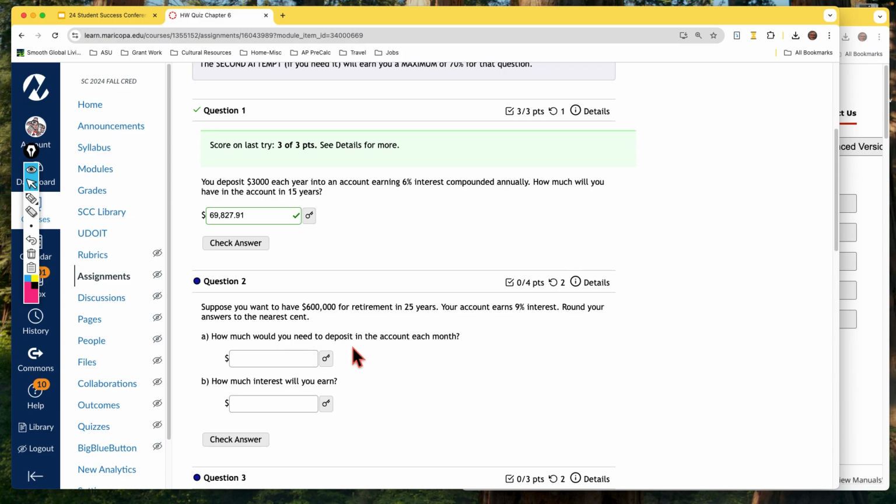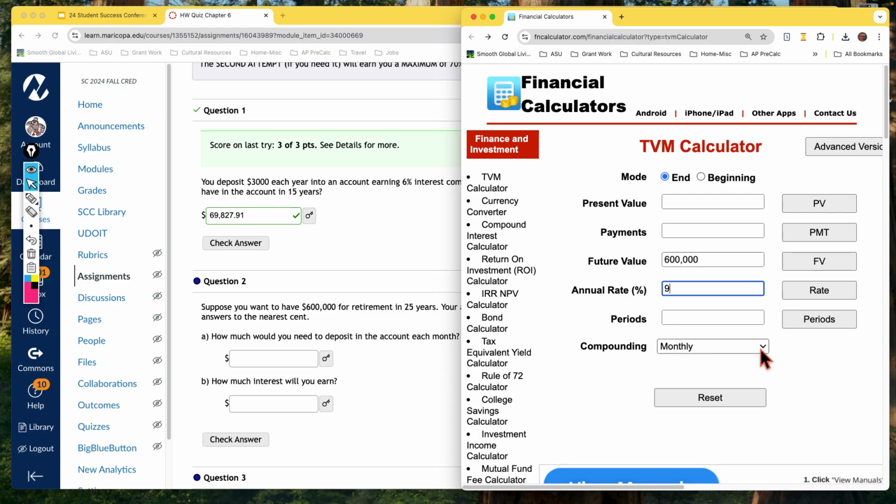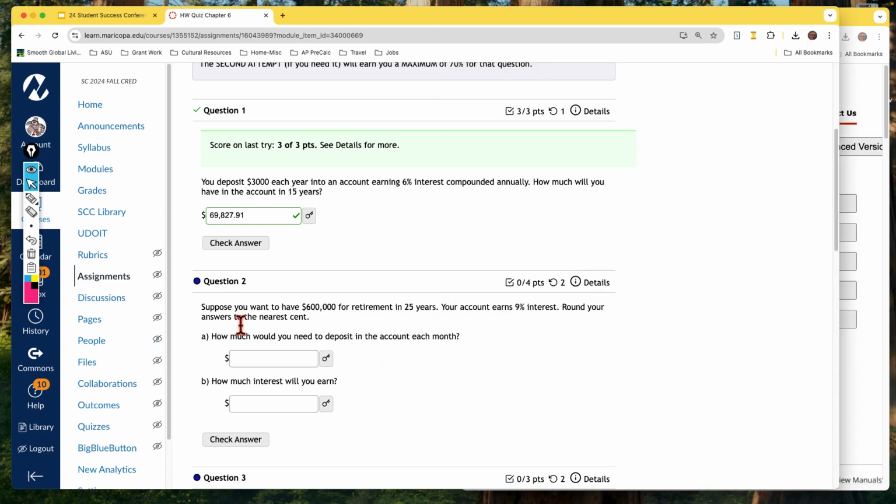How much would you need to deposit in the account each month? So that's the question. So what is our compounding? Monthly, right? Because you want to have it, we don't have it now, so that's implying future. That's the hard part of some of this: you've got to read the sentence, and it's sort of implied.